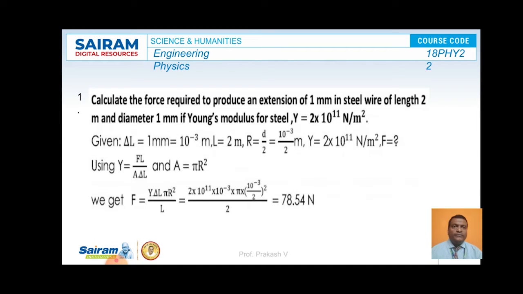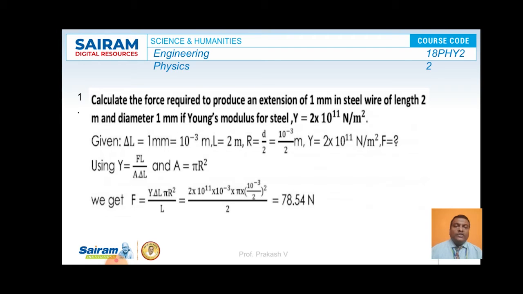So what is the force required here for producing an extension of 1 mm in the wire? Here the formula, according to Young's modulus, is Y is equal to FL by A delta L, and further the area A is equal to pi r square.